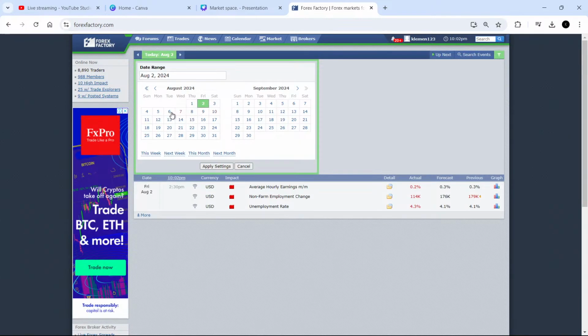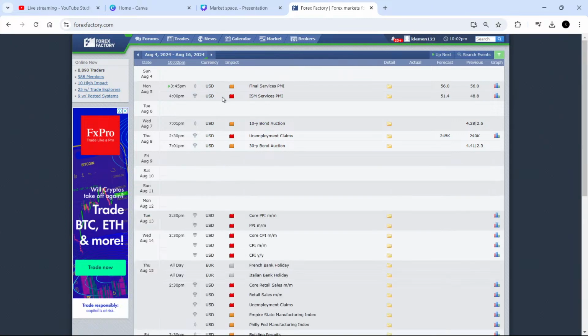So the next week is from the 4th all the way to the 9th of August. Let's see. We said we have the PMI, but I checked my notes and I didn't write down the PMIs as news that we should be avoiding, so we could probably trade on the PMI news event, but we still have to be careful because it can create potentially strong movements and generate a lot of volatility in the market.